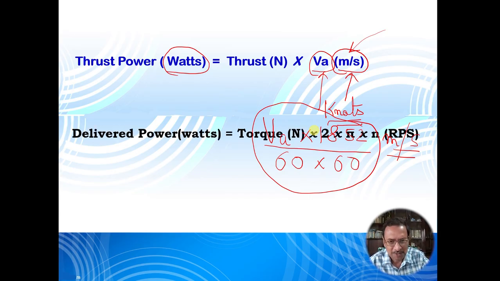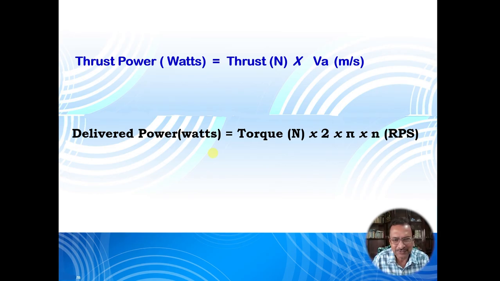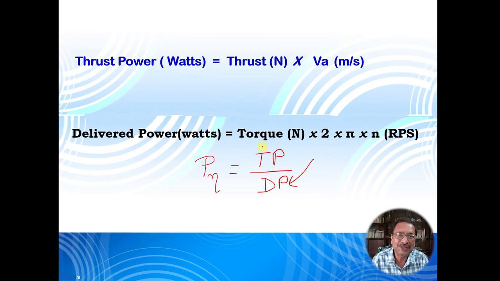And another formula we have is delivered power. I will again repeat that we had referred to the power in the power chapter of my first video. Propeller efficiency was thrust power by delivered power. Here was one reference of the delivered power, but here we see it in a different format. Here delivered power is expressed as the torque into 2 into pi into revolutions per second.